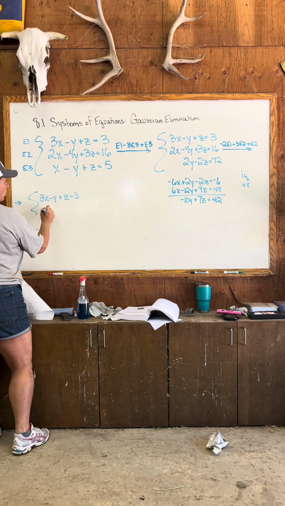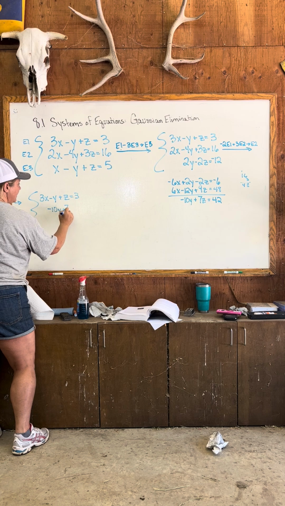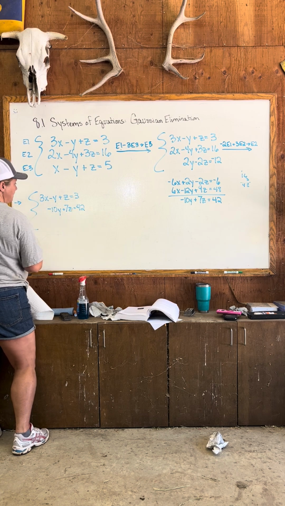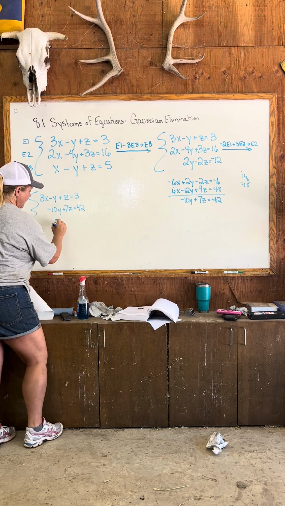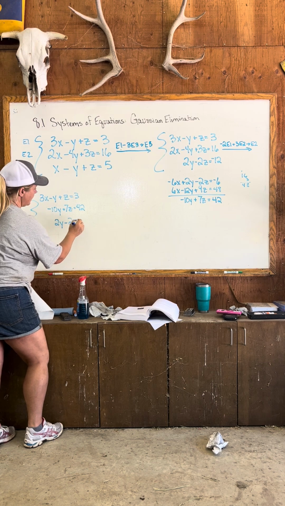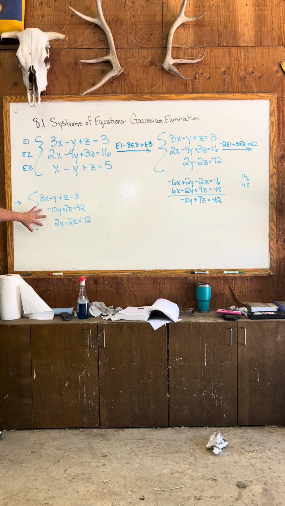Our new middle one is going to be minus 10y plus 7z equals 42, which is not all that pretty. And our bottom guy, which we didn't touch, is 2y minus 2z equals negative 12. Okay, so you see how we've eliminated 2 places now. All right.